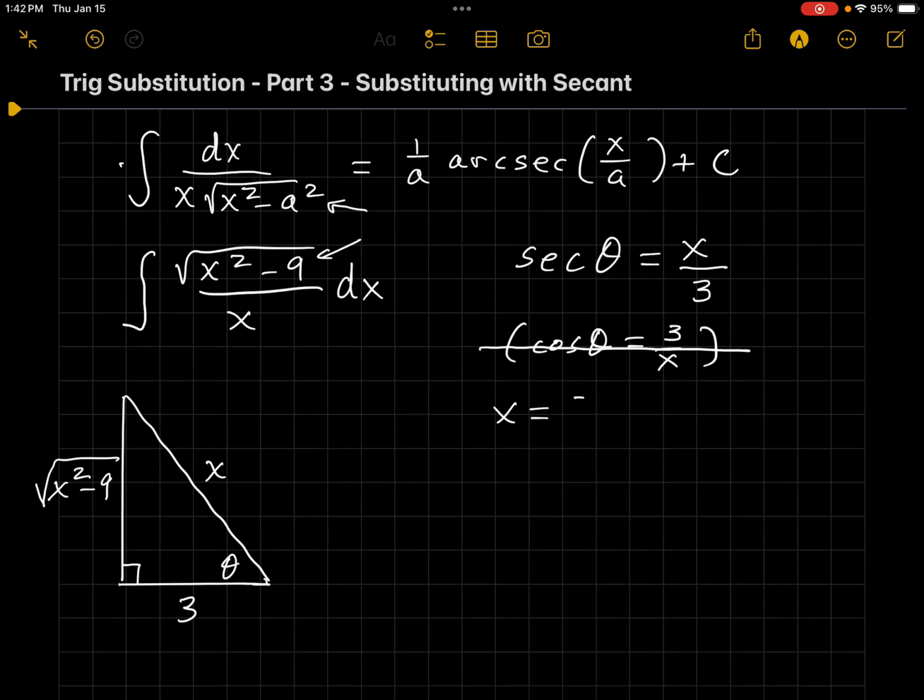I know that x is 3 secant theta, which means that dx is 3 secant theta tangent theta d theta. And we already have two of our pieces. We have the dx and we have that x on the bottom.